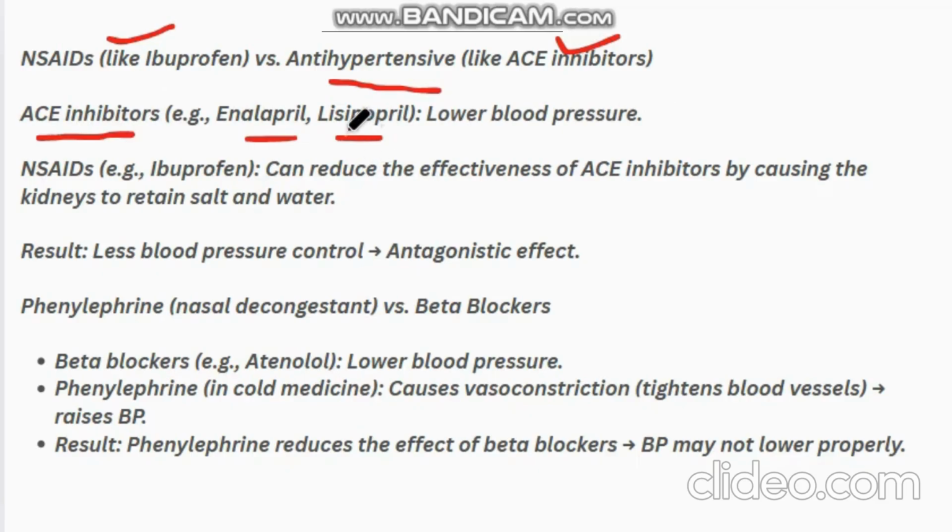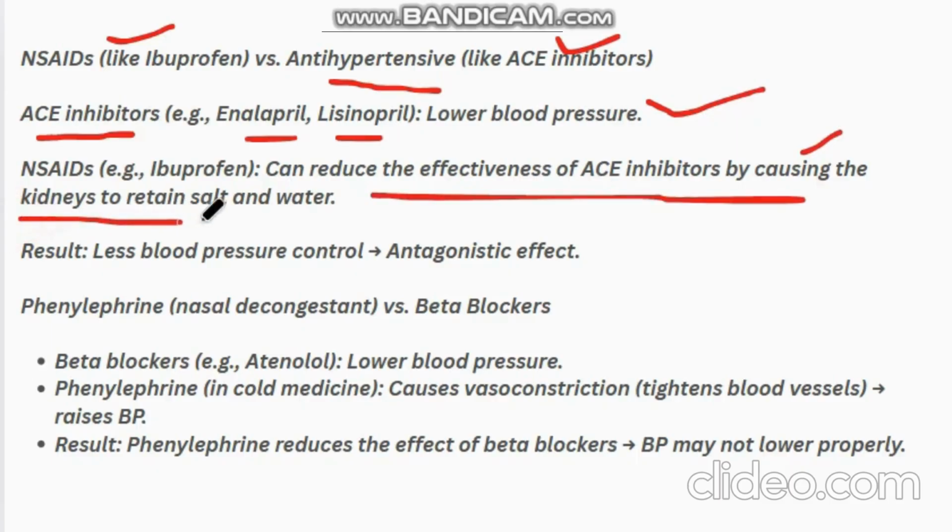What is the therapeutic action of these drugs? They reduce the blood pressure. Whereas NSAIDs like ibuprofen can reduce the effectiveness of the ACE inhibitors, by causing the kidneys to retain salt and water. So this results in less blood pressure control. That is called the antagonistic effect.